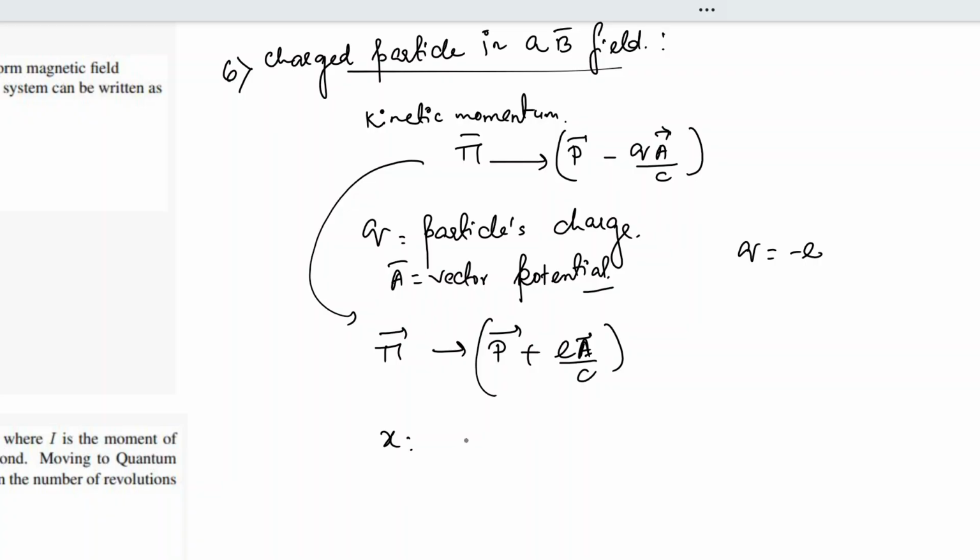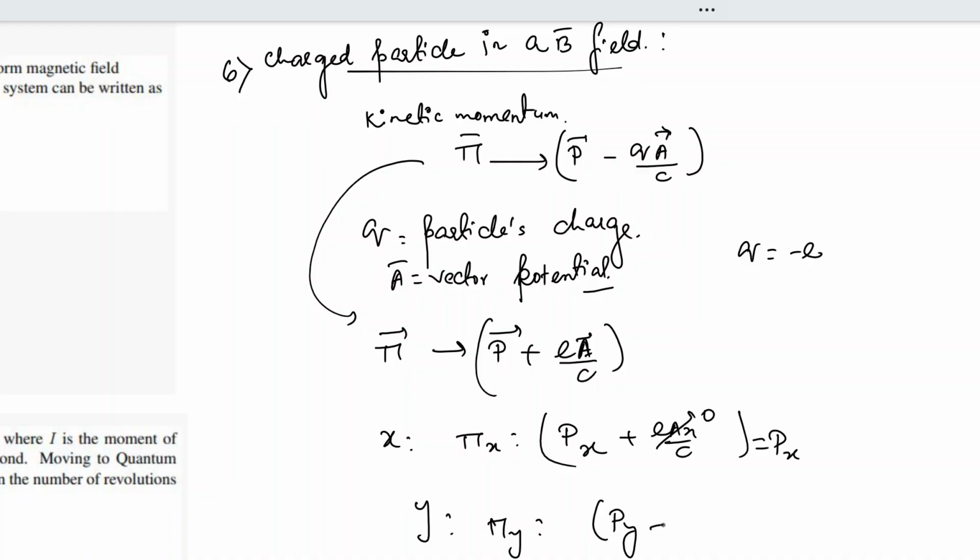So for the x direction you have pi x as px, because ax is 0, so this is just px. But for y you have pi y equal to py plus e ay by c, but ay is not 0, ay is B times x, so this is py plus eBx by c.